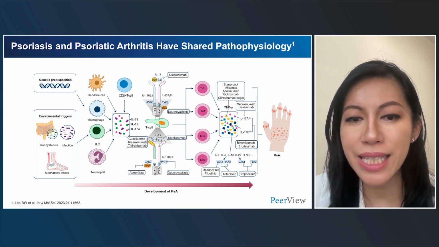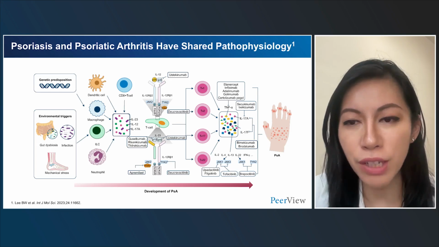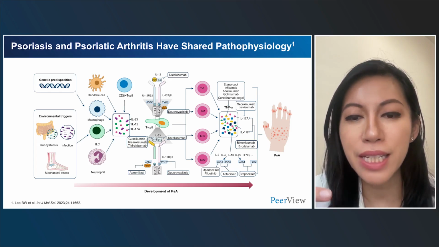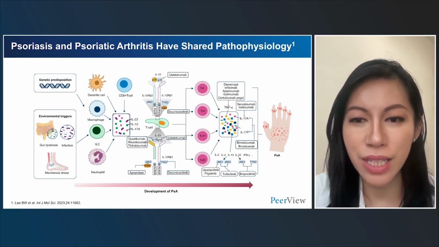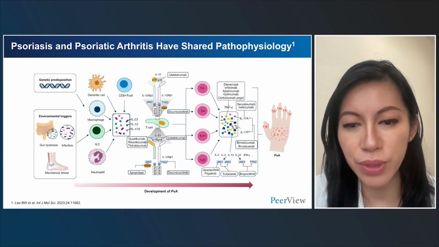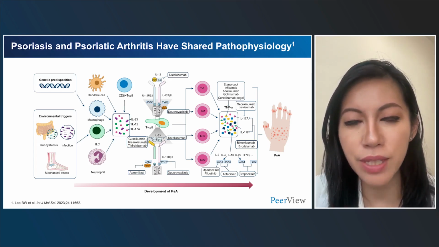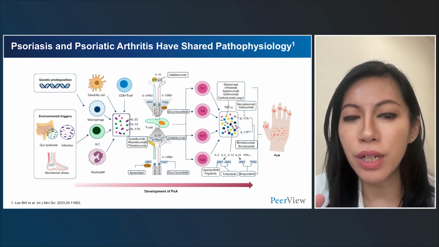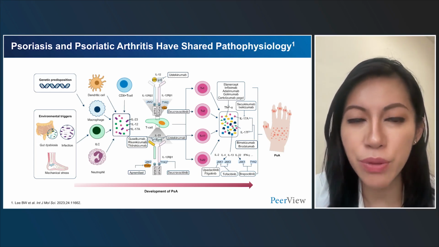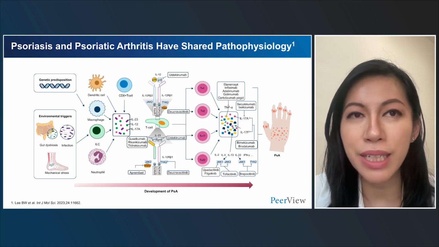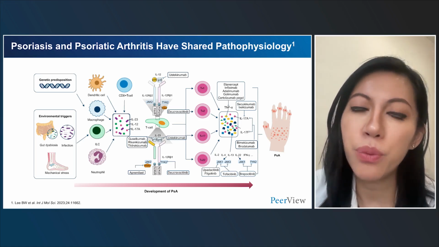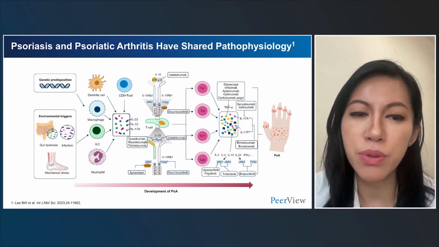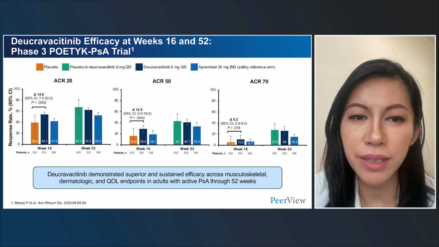And what we see is that the same master regulator, IL-23, being involved, and also same type of cells, principally Th17 cells that are involved, that are then secreting IL-17 and IL-23 that are involved here as well. So there is a lot of shared pathogenesis between the two conditions, which is probably not surprising why also a third of the patients with psoriasis will ultimately develop psoriatic arthritis if untreated.